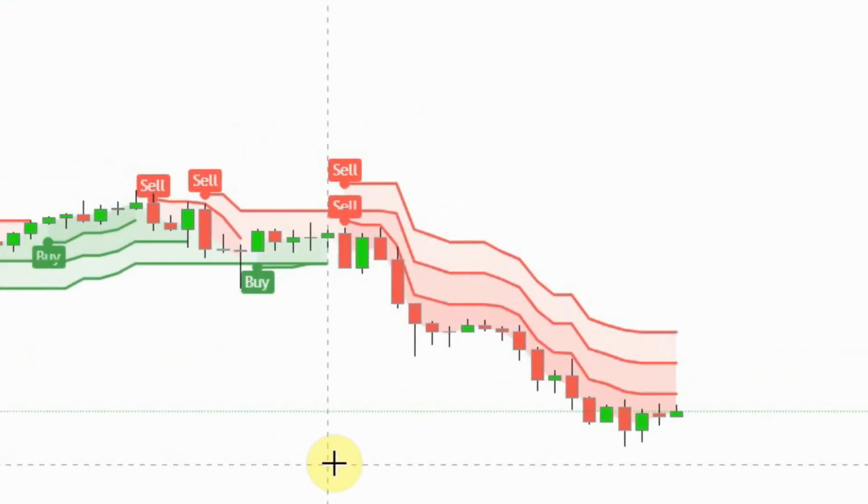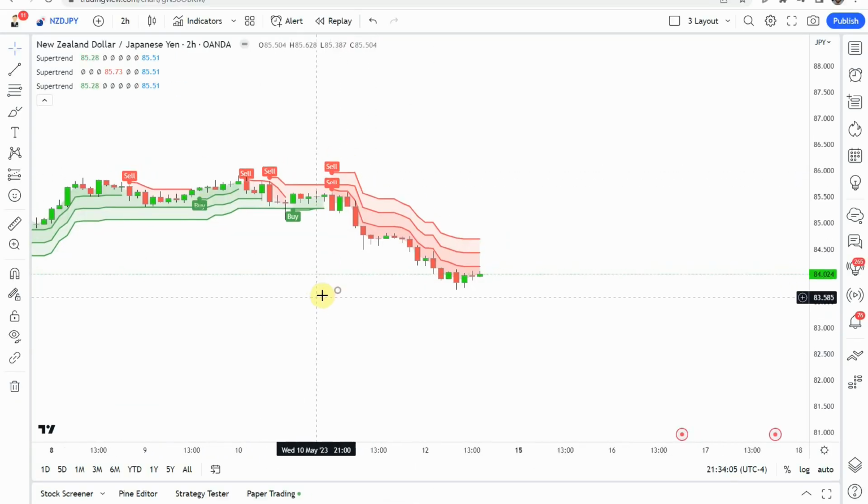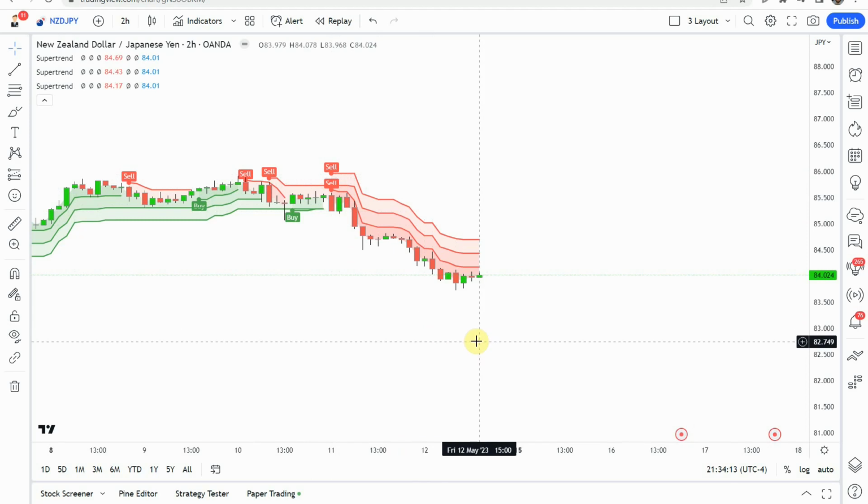Very similar to the alligator indicator and a few other ribbon indicators that have the same kind of effect. The setup was pretty easy. You're basically looking for instances where all the Supertrend indicators line up at once.